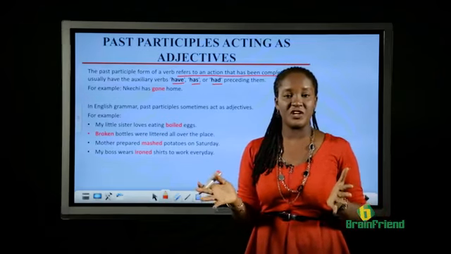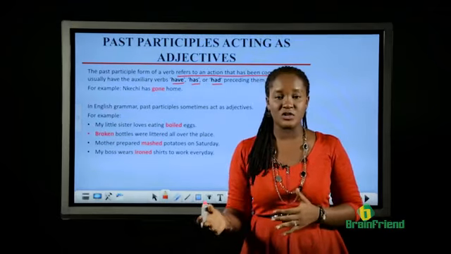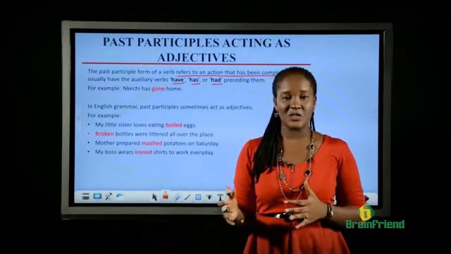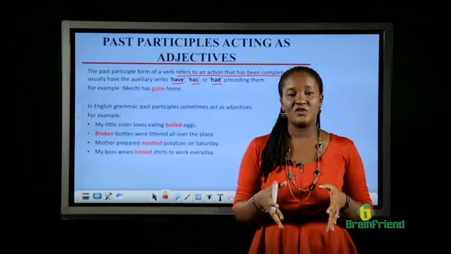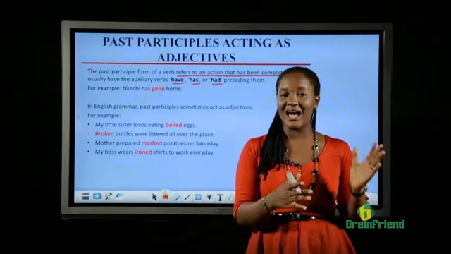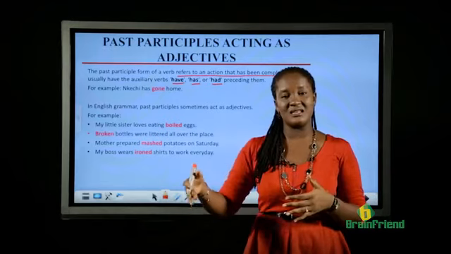Past participle verbs are the forms of verbs that refer to an action that has been completed. And when you find them in sentences, you find that the auxiliary verbs have, has, or had precede these verbs.